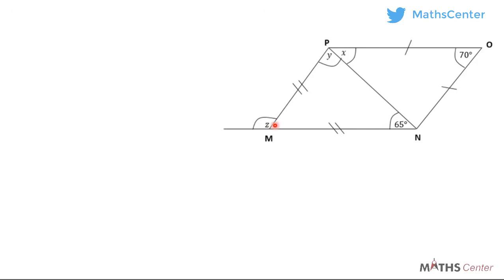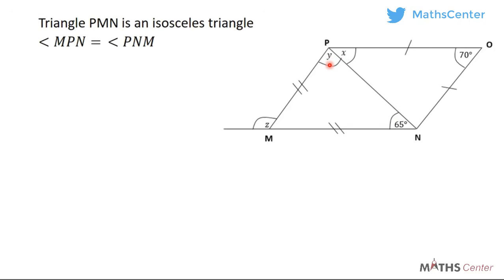And because triangle MPN is an isosceles triangle, the angle formed at their bases will also be the same. So the angle formed at Y and the angle formed at 65 degrees will be the same. So if here is 65 degrees, then it means that Y is also 65 degrees, because triangle PMN or triangle MPN is an isosceles triangle.